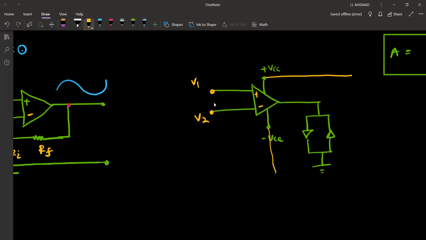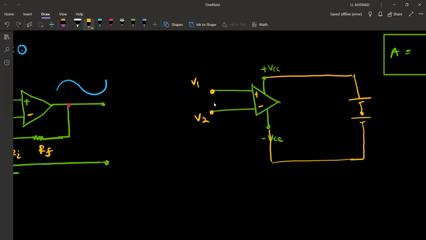Now you must be able to understand what is plus VCC and what is minus VCC, right? Can you remember the circuit? We had a battery. In the battery, the center was Earth.